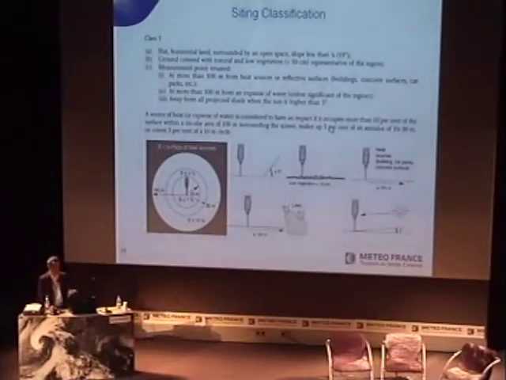Just before going further on the examples, this classification is now becoming a standard at the WMO. This is something that was introduced 2 years ago at the WMO, but that was used earlier in France to classify the different locations of our network.